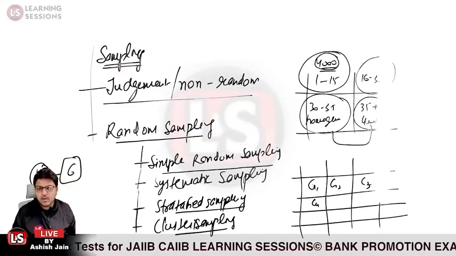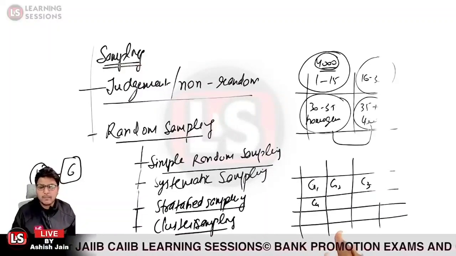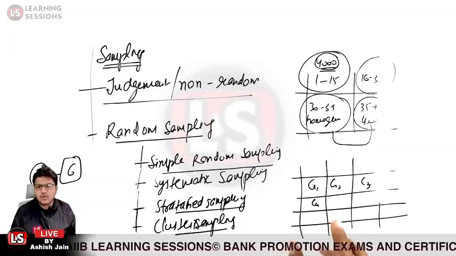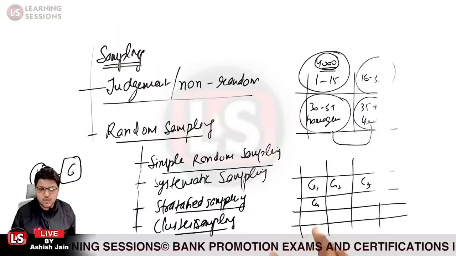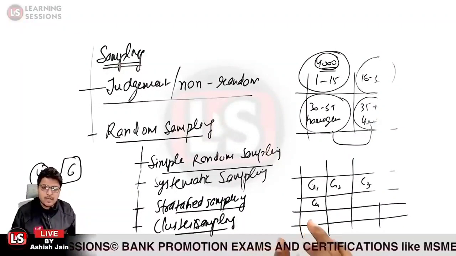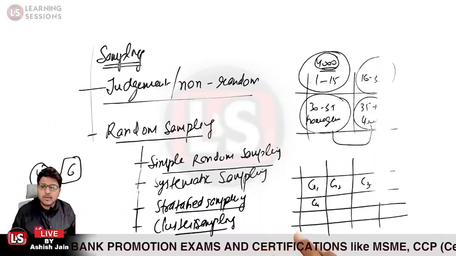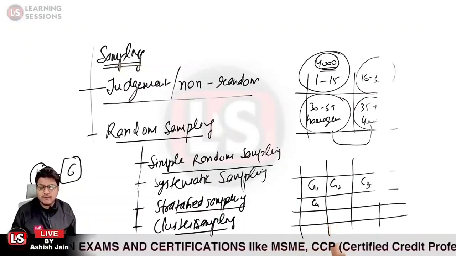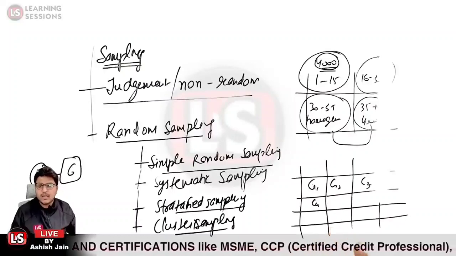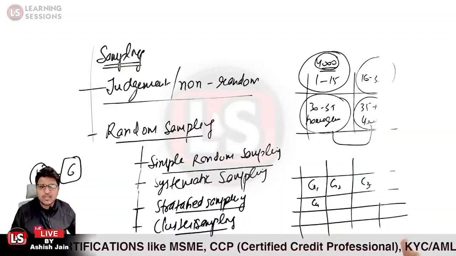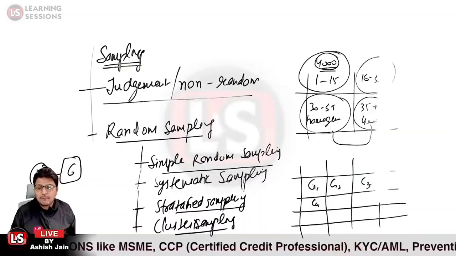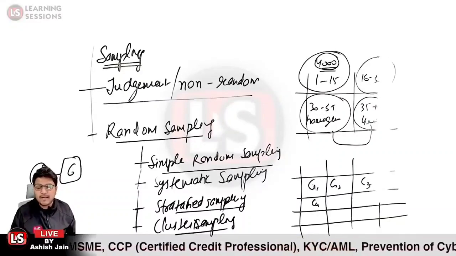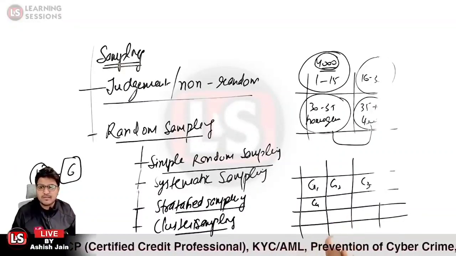Now if we look at a particular cluster, there will be different people residing in one cluster. For example, if the city is divided into different colonies or mohallas, different categories of people with different attributes and characteristics will be residing there.